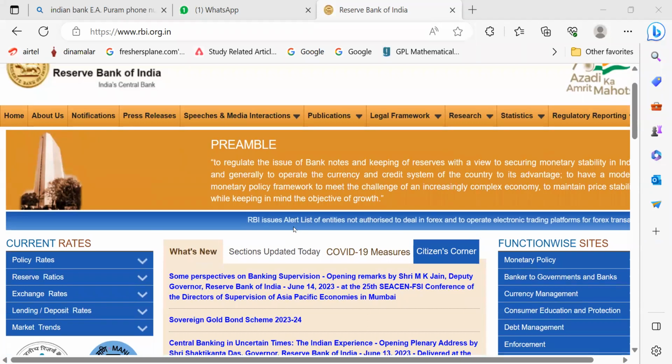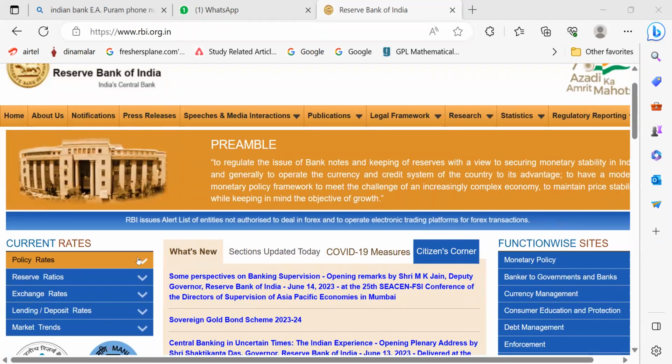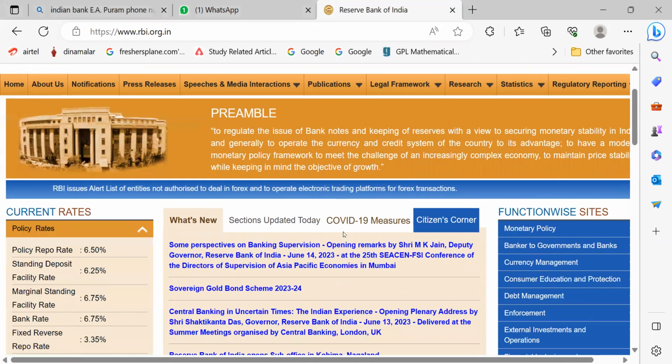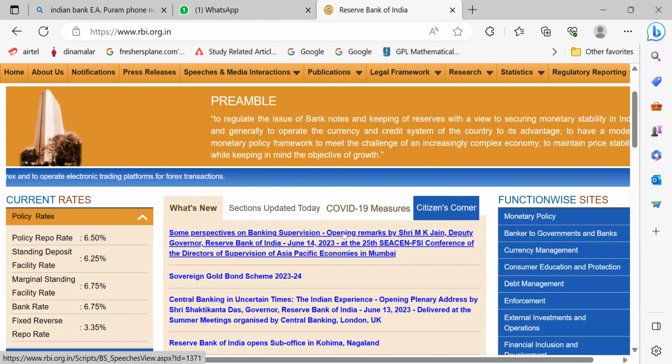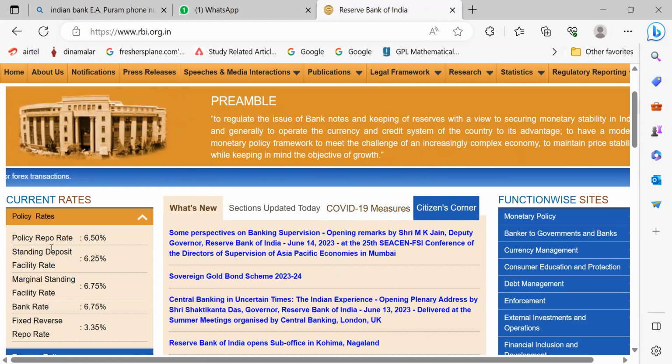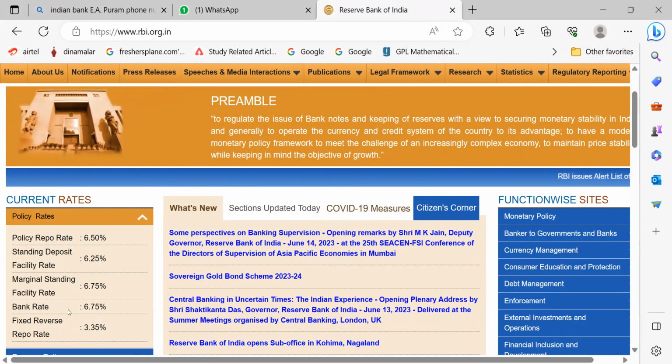I think you will see the screen now. So please see the screen. Here you will see these are the rates. Please take your notebook and note down the rates. Sir, I told reverse repo rate, sir. No, you said 3.35. 3.35 is the reverse repo rate. Yes, you told correctly. So please note down the rates.